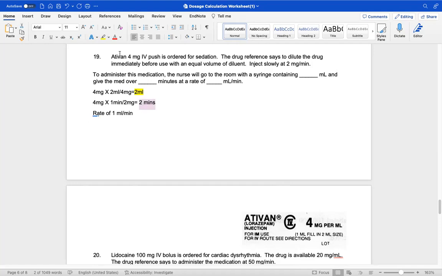So we are going to give this medication over 2 minutes at a rate of how many mLs per minute. So we have 2 mLs divided by 2 minutes. That gives us the rate of 1 mL per minute. You're going to plug that in. So to administer this medication, the nurse will go to the room with a syringe containing 2 mLs and give the med over 2 minutes at a rate of 1 mL per minute.